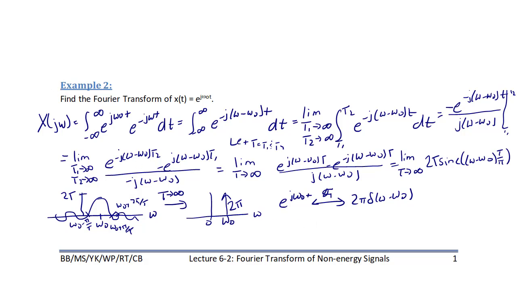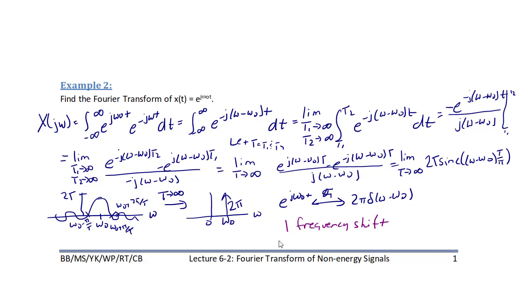The alternate method for solving this problem, which is probably a lot simpler, is just to use properties. So if I was to do this problem with properties, what I would start with is I have a 1 that has a frequency shift in the time domain.